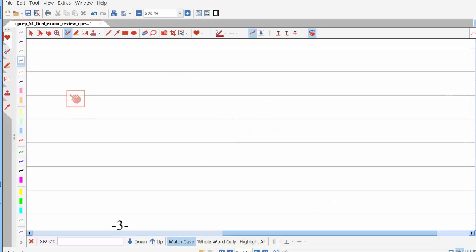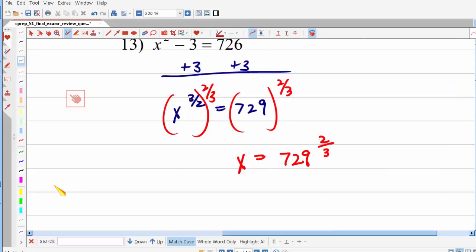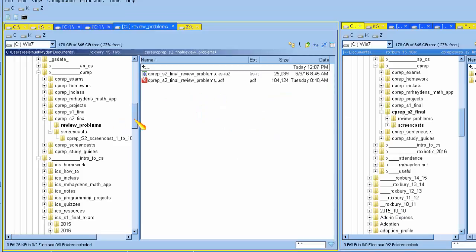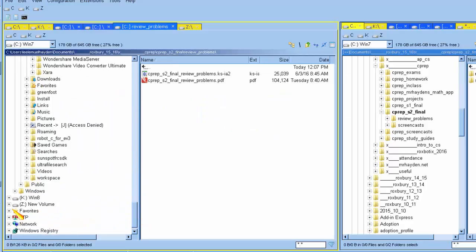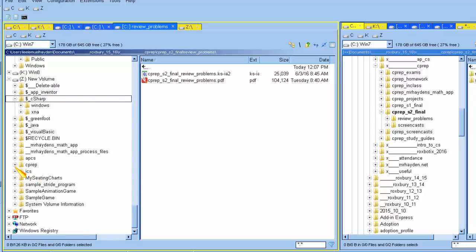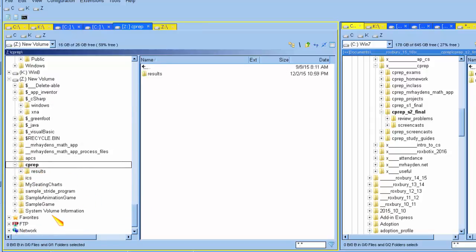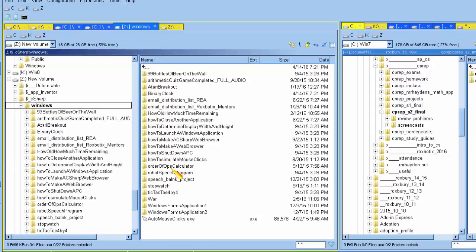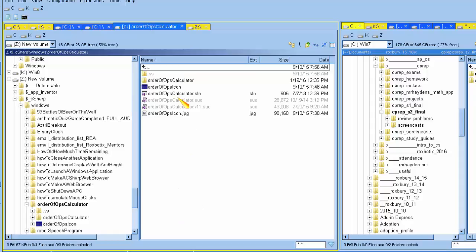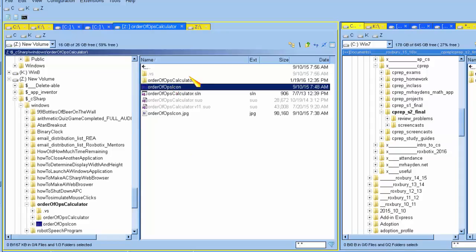By the way, if you are using your calculator, you should put all fractional exponents in parentheses just to be safe with the order of operations. So I'm going to bring up my calculator here and show you. I think that's under Windows, order of ops calculator. Yes, there it is.